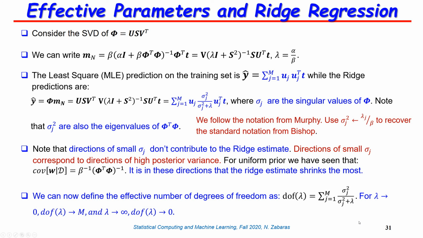Or you can see this alternatively: if lambda goes to 0, which means no regularization, then the effective number of parameters is m, which we expect. And if lambda goes to infinity, then the effective number of parameters becomes 0.